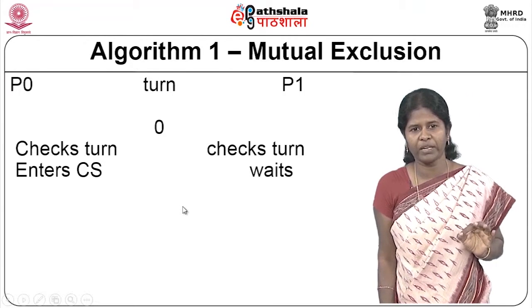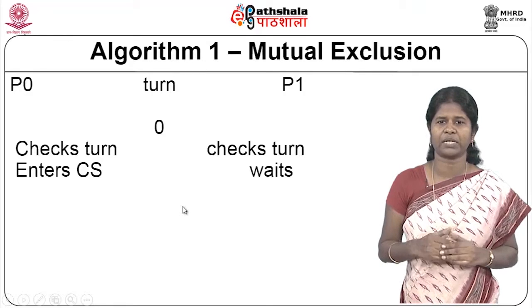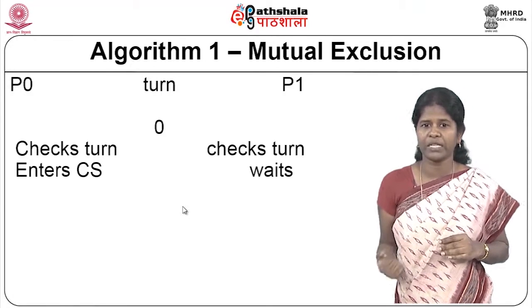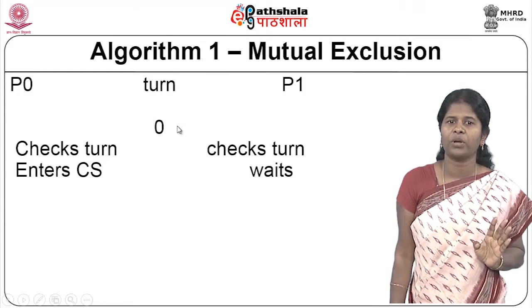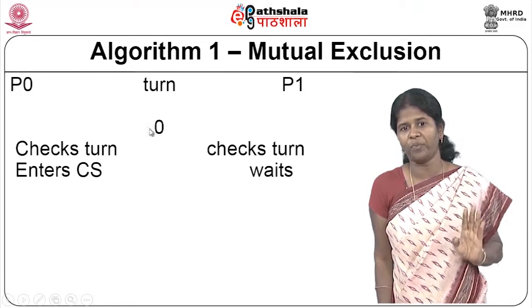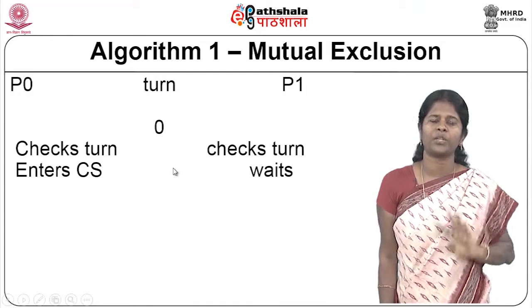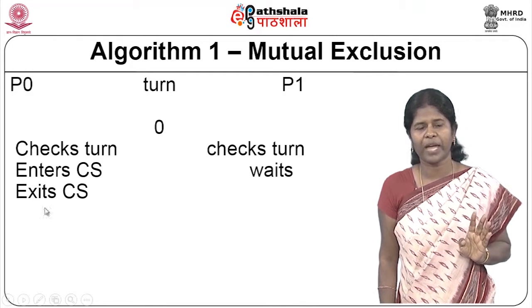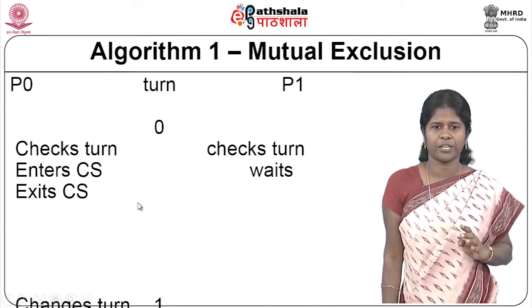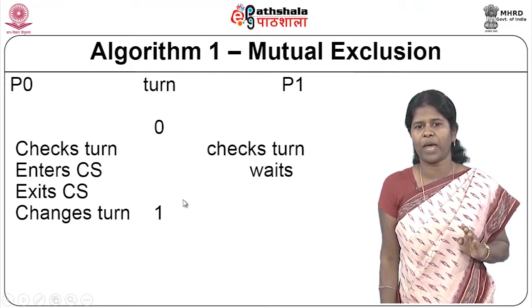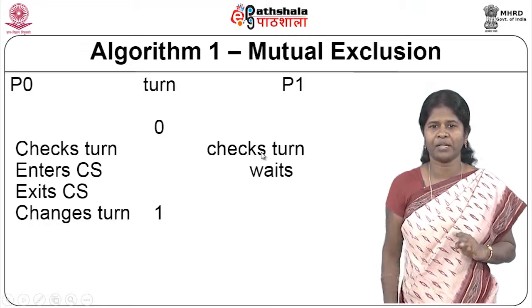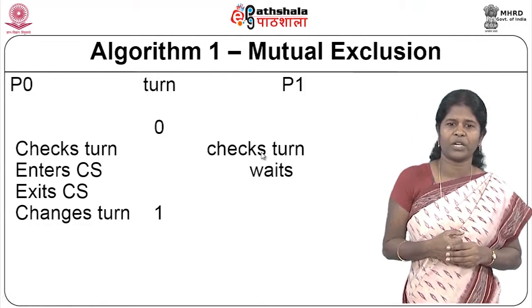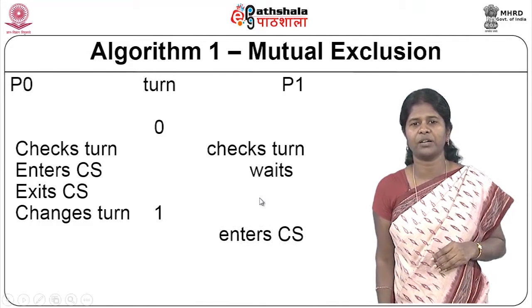So here we find that when P0 enters the critical section, P1 cannot enter because the value of turn is equal to 0. It can take only one value, and based on that value the process can enter the critical section. And when P0 exits the critical section, it will change the value of turn back to 1. Now P1, which is waiting, finds that the value of turn is equal to 1 and it can enter the critical section.